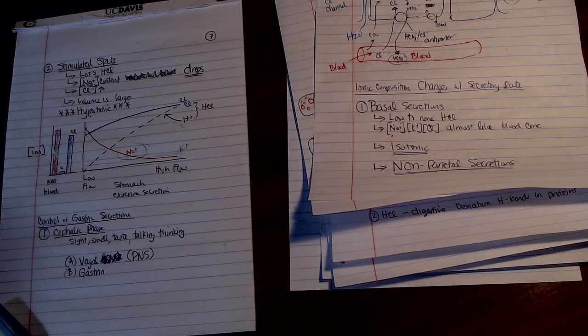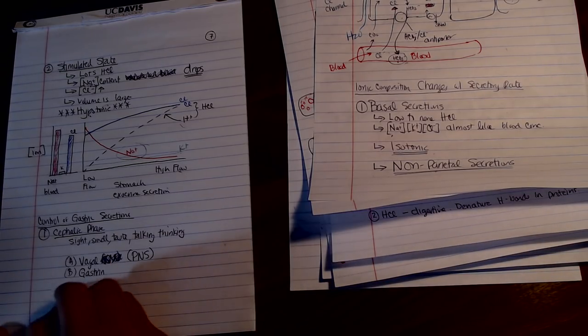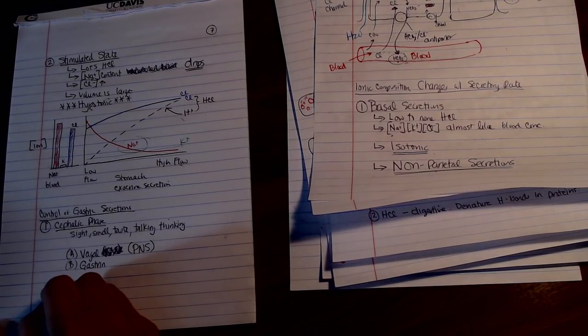Let me step back for a moment. Even in the absence of the food stuff getting into the stomach, it appears that you get this rise in your plasma gastrin. Cephalic phase too, by the way. I'm going to use negative feedback.